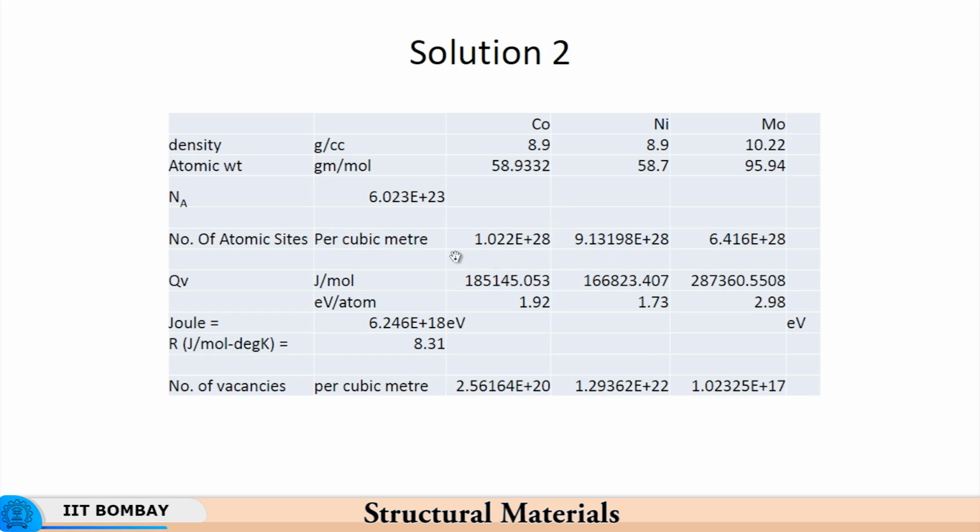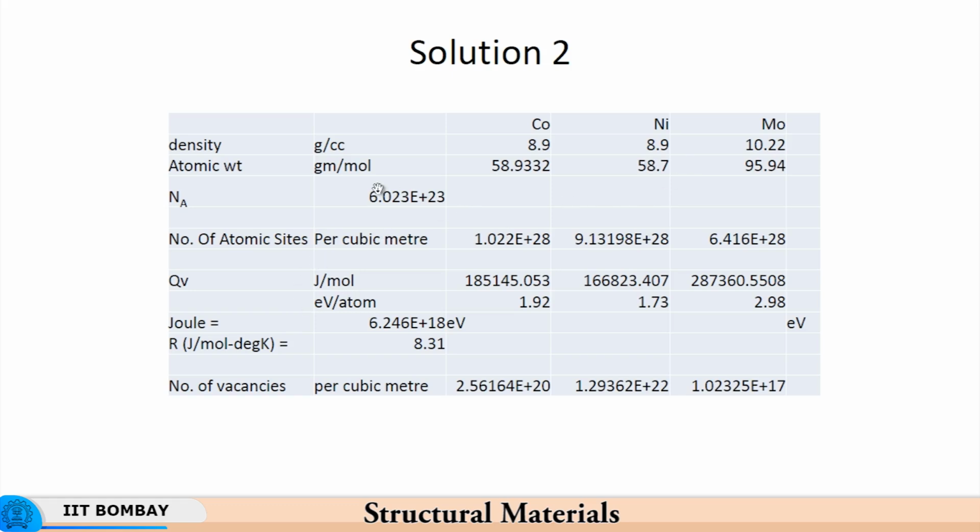So, how do you calculate this? Again the same thing. The atomic weight is 58.9332, so you have Avogadro number of atoms in that mass, and similarly in 58.7 grams you have Avogadro number of nickel atoms.